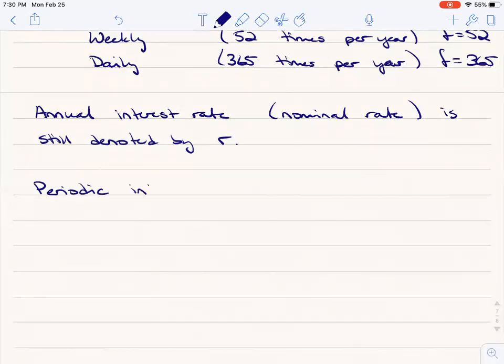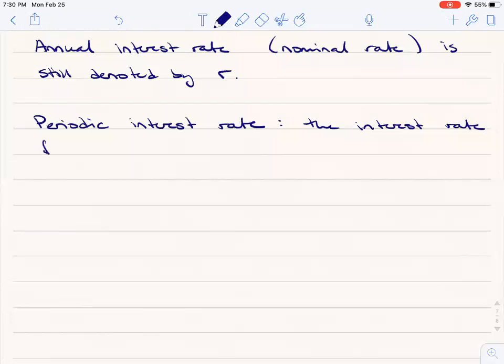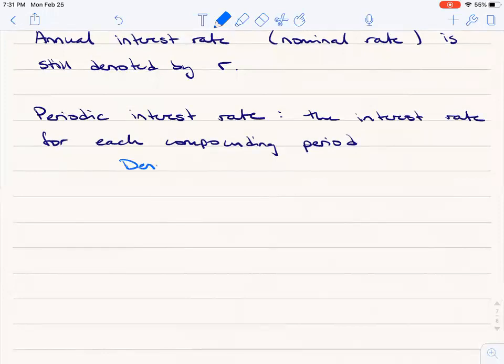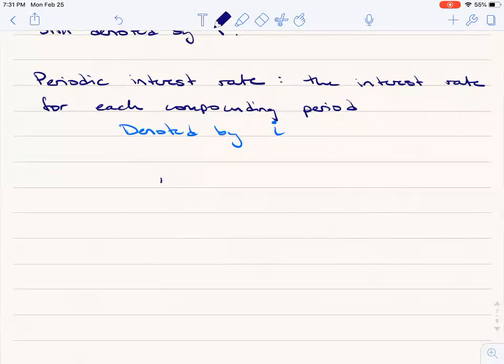The periodic interest rate is the interest rate for each compounding period, and it is denoted by a lowercase I. And on your formula sheet, you have I is R divided by F.